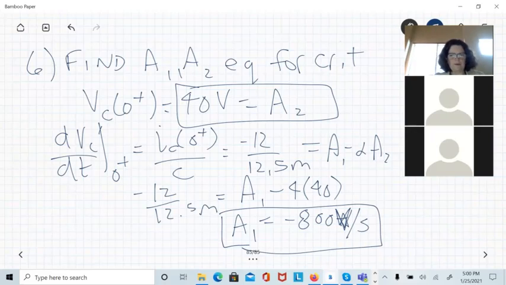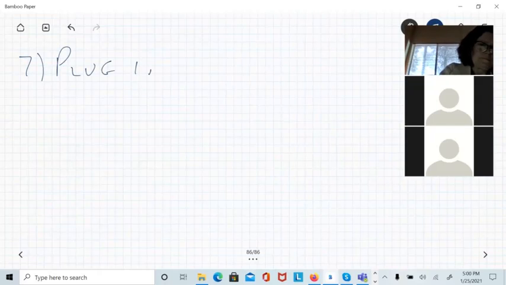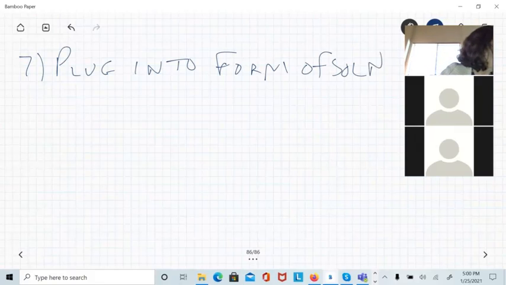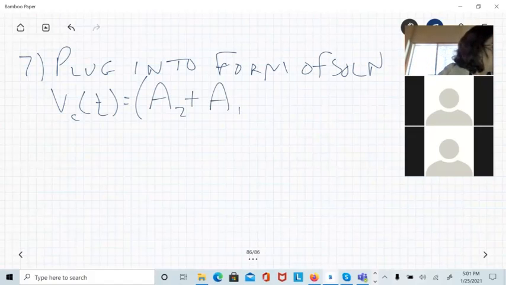We have numbers for A1 and A2. We're going to plug these into the form of the solution, and we're done. So remember, our form for our solution was VC of t equals A2 plus A1 t times e to the minus alpha t.